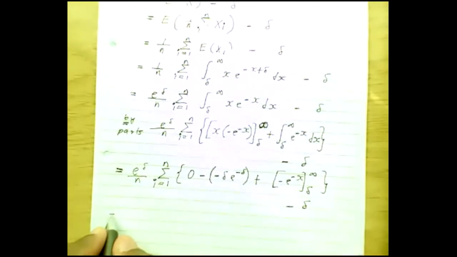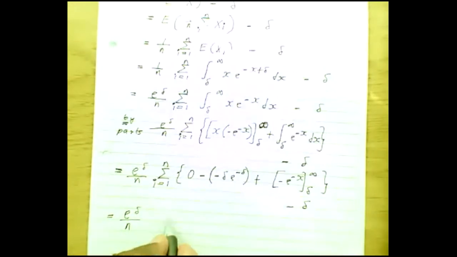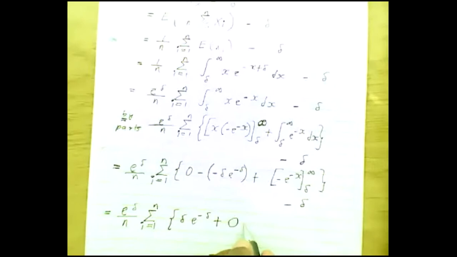So this becomes e to the minus delta, and the limit at infinity is 0, and then you have plus e to the minus delta, like this.